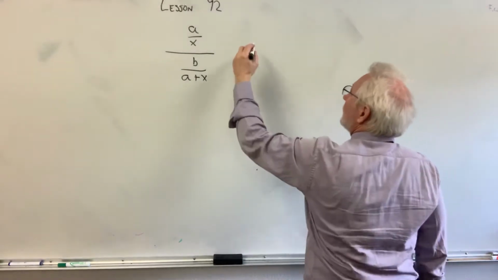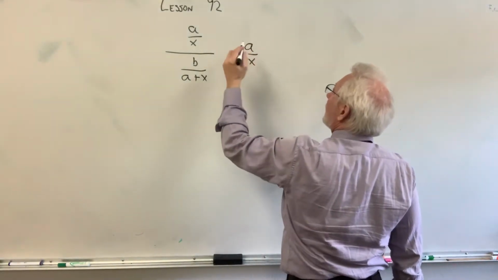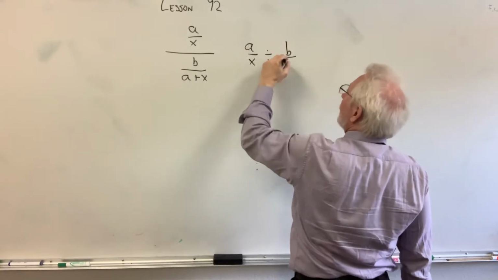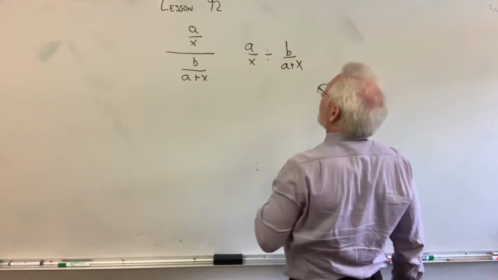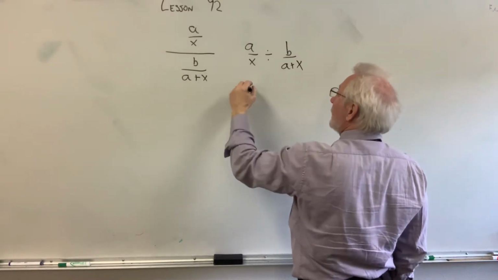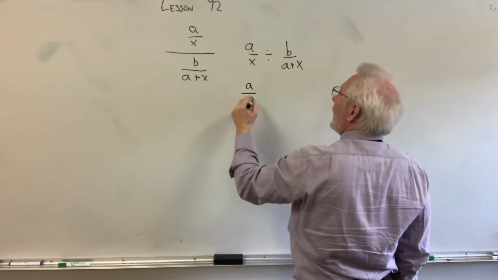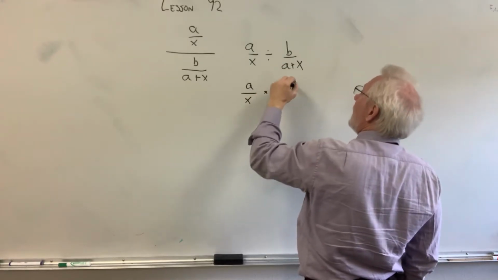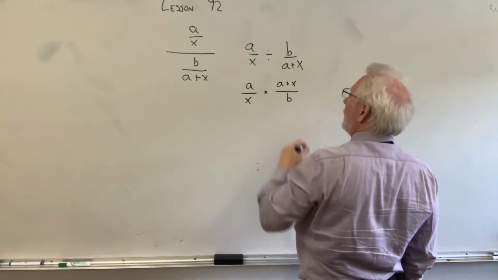So we can write this as A over X divided by B over A plus X. Now again, do we ever divide fractions? Nope, never going to do it. So we get A over X times A plus X over B.